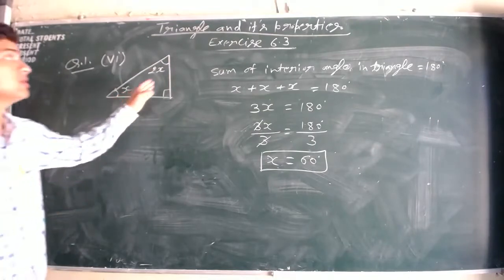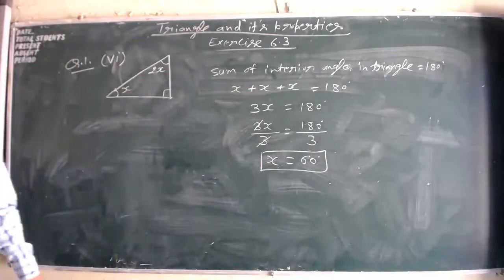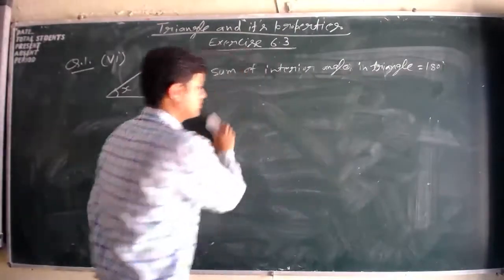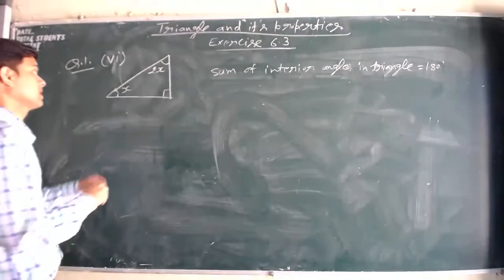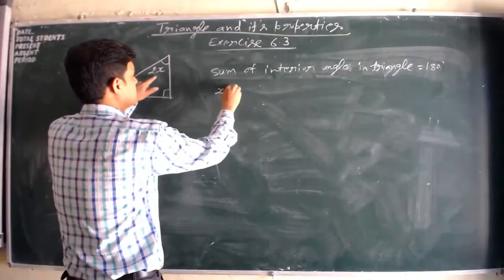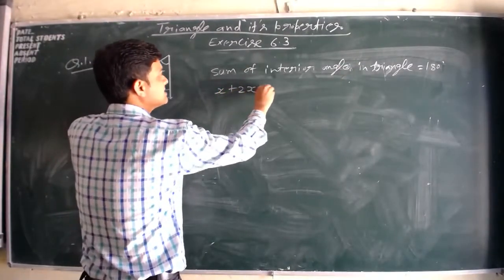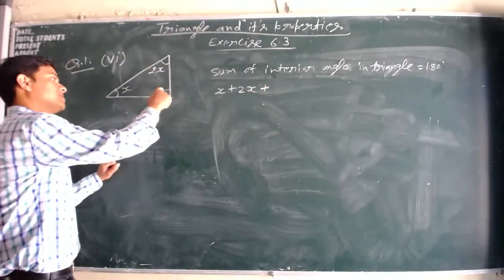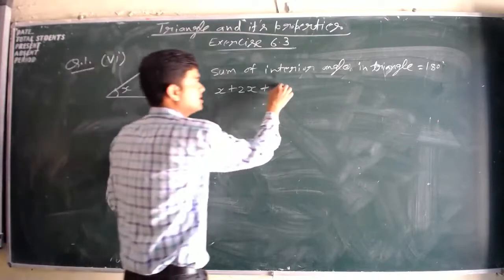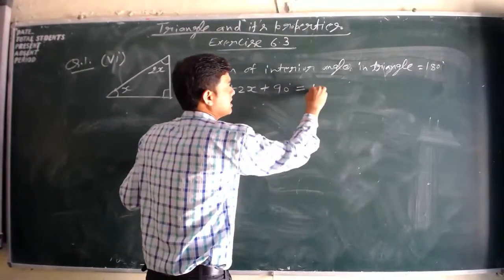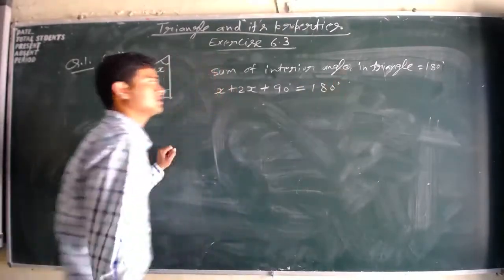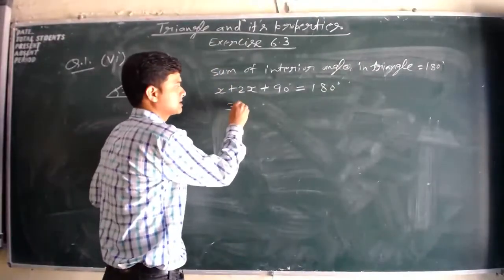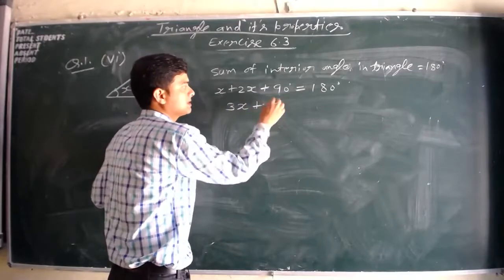We know that the sum of interior angles in a triangle is equal to 180 degrees. Now the sum of 3 angles, x plus 2x plus this is equal to 90. I always told you that whatever is drawn like this means it is 90. And the sum of 3 angles is equal to 180. Now x plus 2x is equal to 3x plus 90.